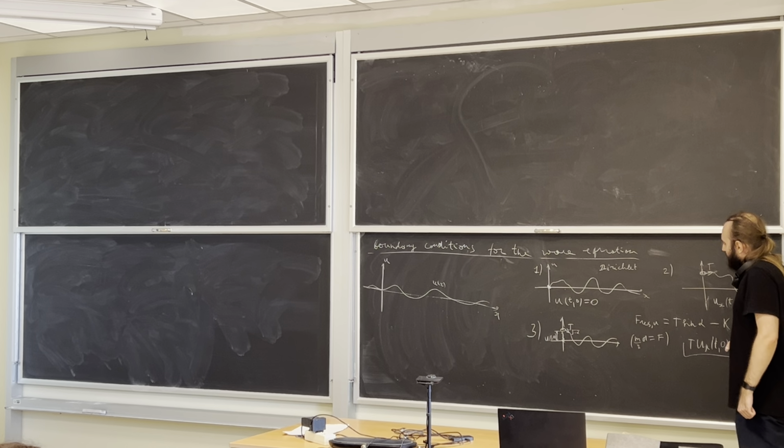Let us start with this first case. So here u of t, 0 equals 0.